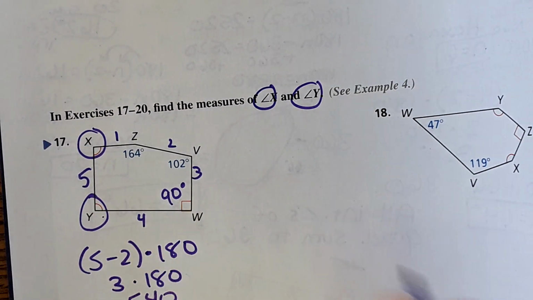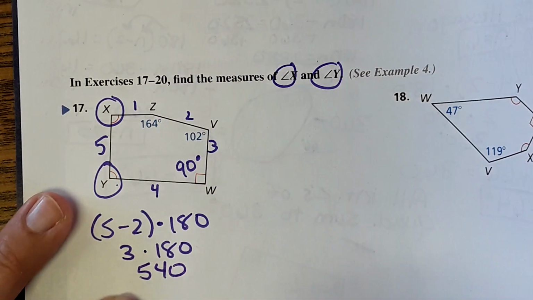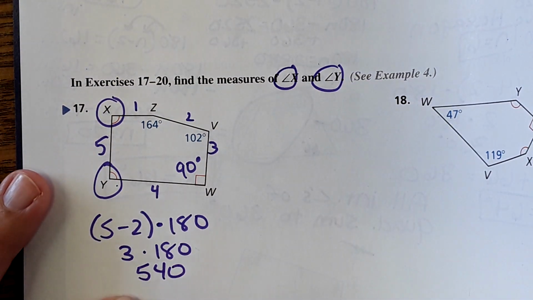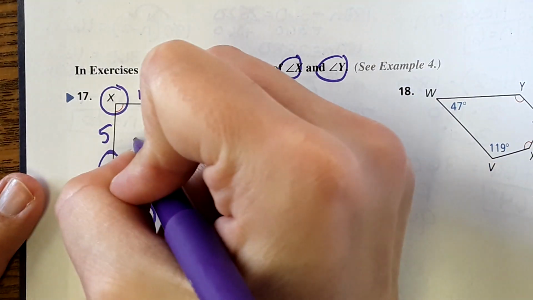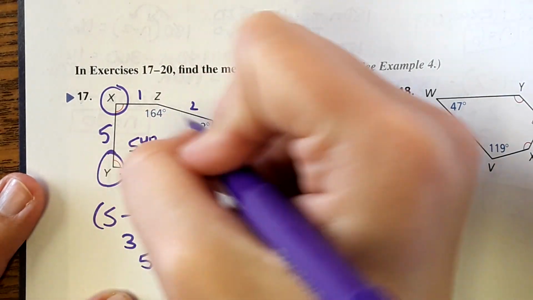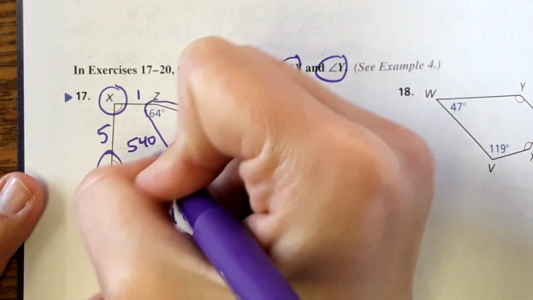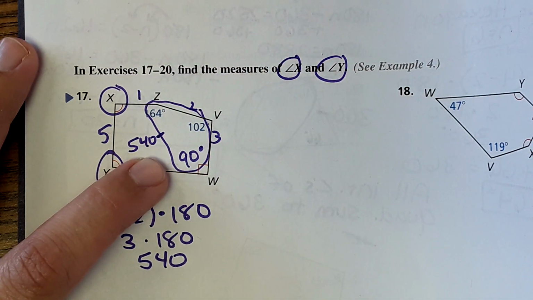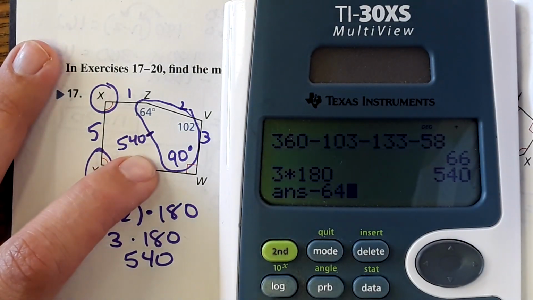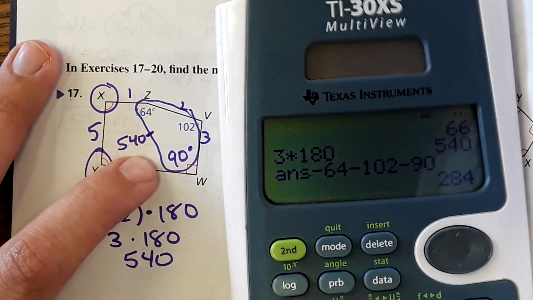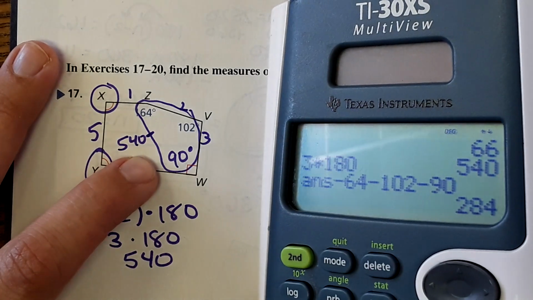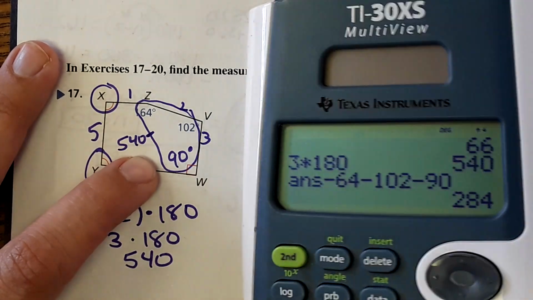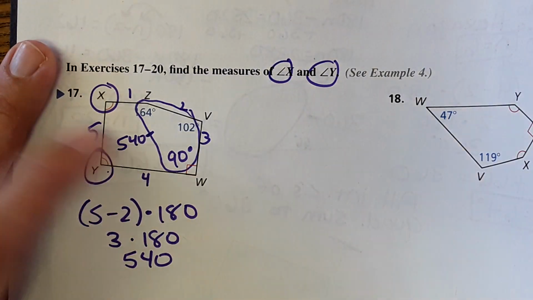540. So all these angles sum to 540. I'm going to do 540 minus these 3 guys. I get 284 is left over.